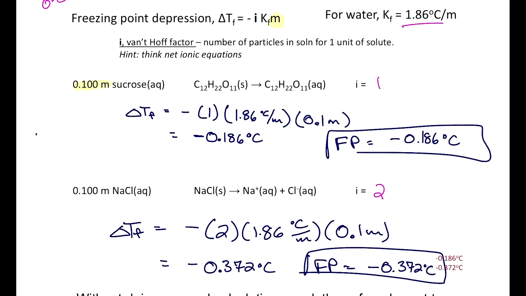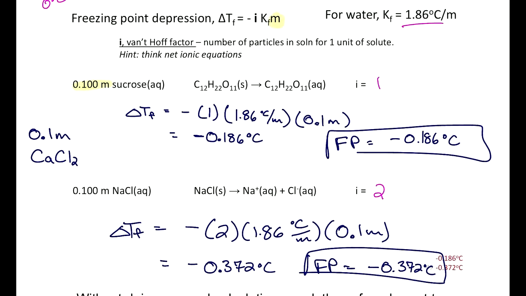Okay, so for completeness, describe what the freezing point temperature of 0.1 molality calcium chloride will look like. Will its freezing point be the same as any of these? No. How's it going to be different? It's going to be 3 times that of which one? The sugar one.